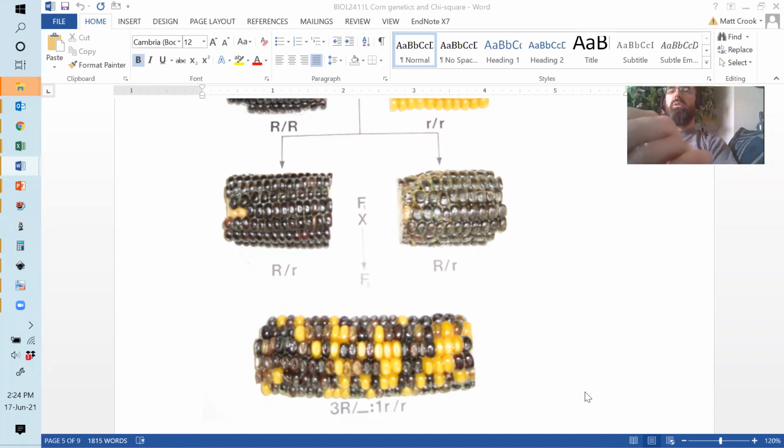So for example, our expected ratio of purple to yellow in the F2 is 3-to-1, right?